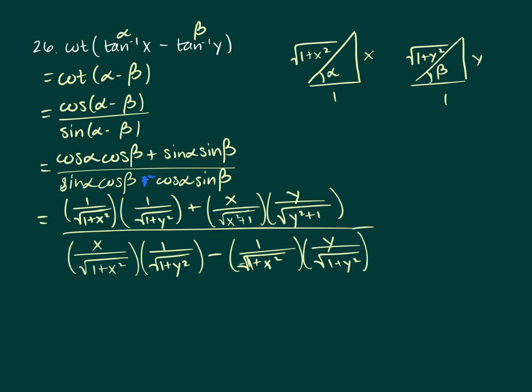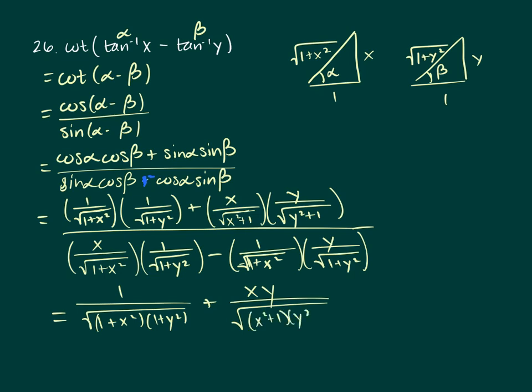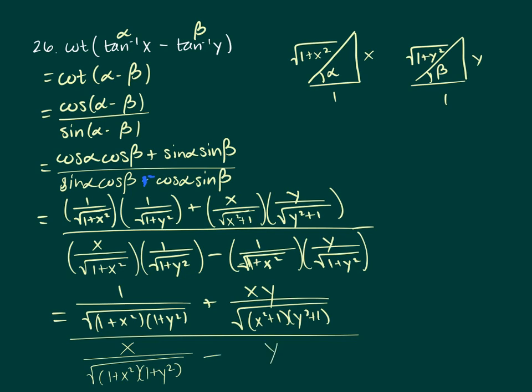I'm going to then multiply each of these out. So I get 1 over the square root of 1 plus x squared times 1 plus y squared plus xy over square root of x squared plus 1 times y squared plus 1 all over x over square root 1 plus x squared 1 plus y squared minus y over square root 1 plus x squared 1 plus y squared.